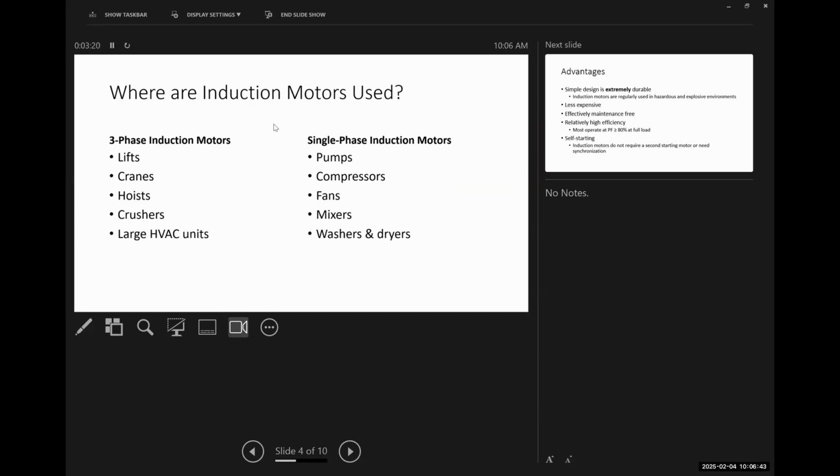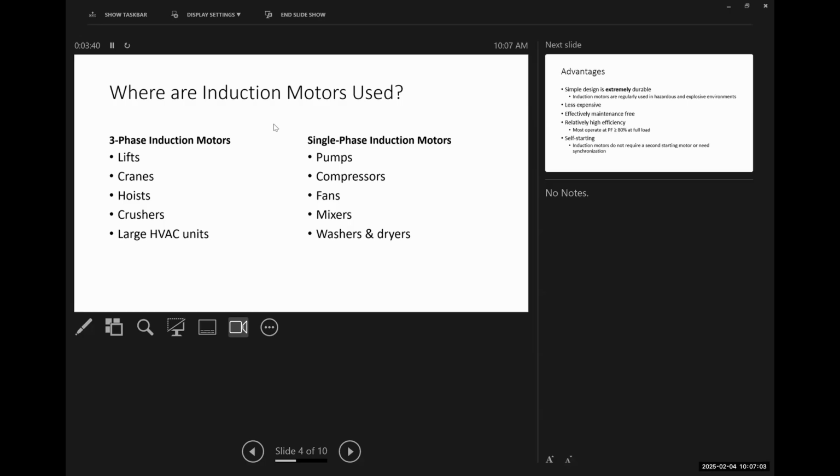Induction motors essentially are used literally everywhere. The motor in that projector for the fan is probably a brushless DC motor, or it might be a very small brushed DC motor.